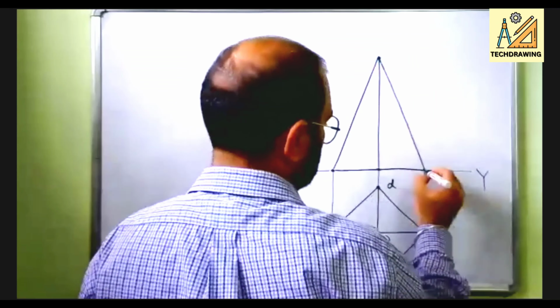So when you see it from the front, this will be A dash, this will be B dash, D dash, this will be C dash, and this is O dash. This is just the projections of solids.